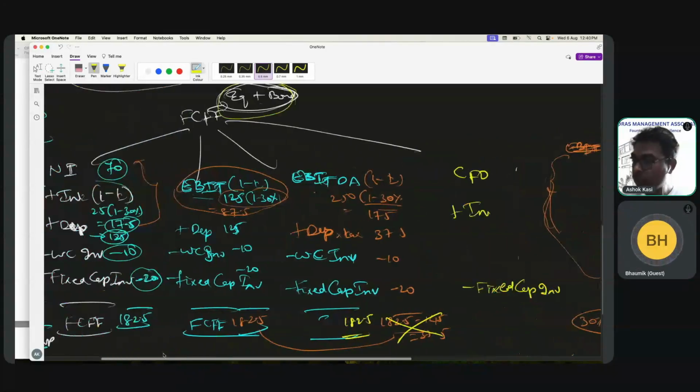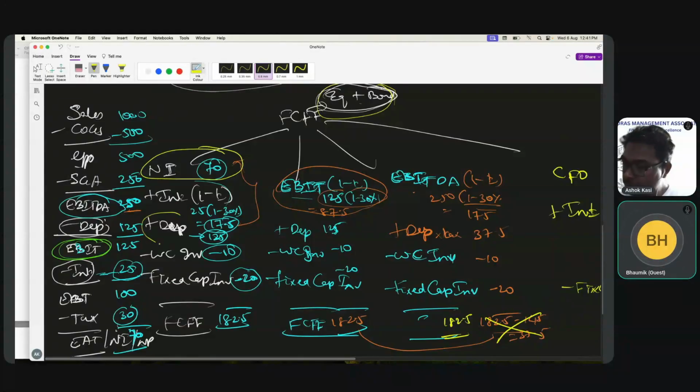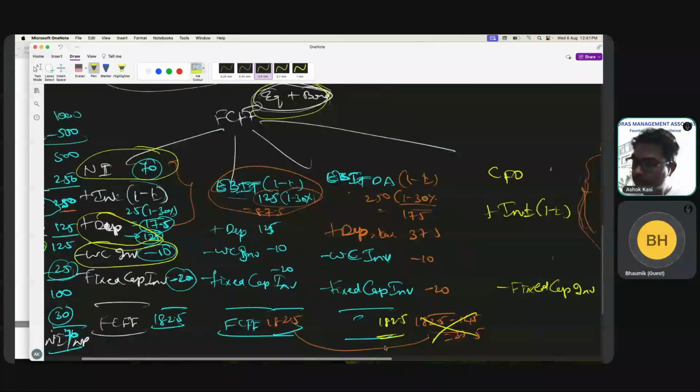So CFO I can also do like this. CFO is a combination of net income plus depreciation plus working capital. Add this all together, that will be my CFO. That means 70 plus 125 minus 10.